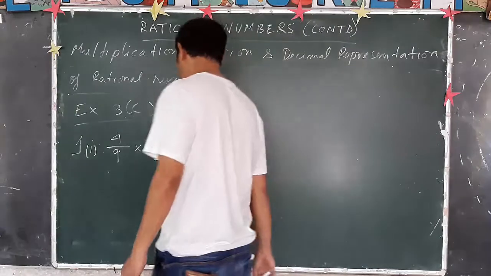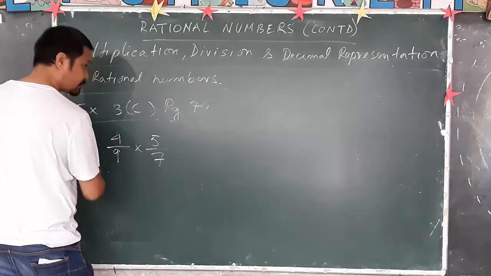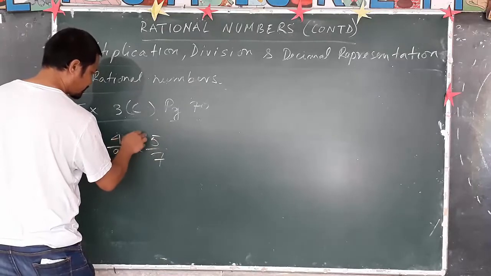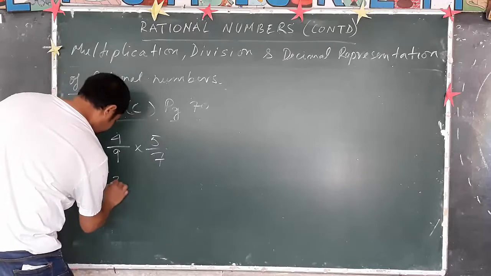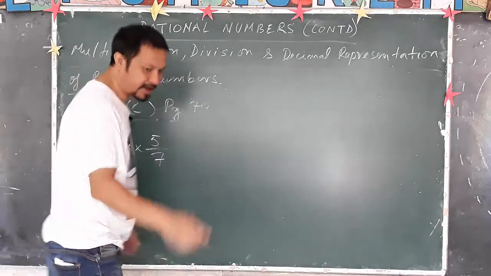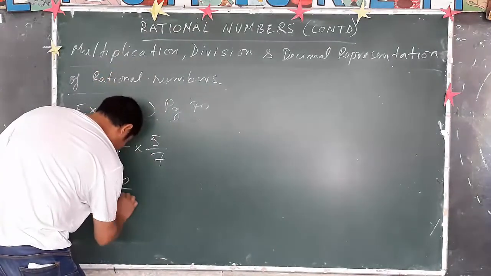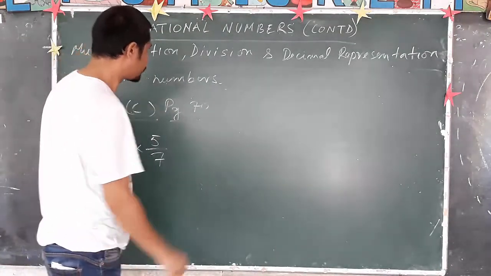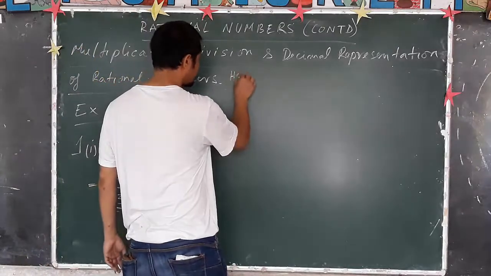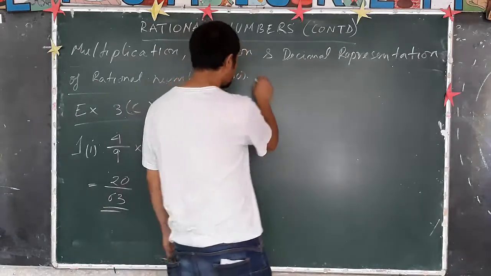So 4 by 9 into 5 by 7, 2 rational numbers. As I said, you multiply numerator versus numerator, denominator versus denominator. So 5 4s are 20 and 9 7s are 63. Okay, so this is what you're going to do. Your homework will be, I think, subsection 2 and 3.